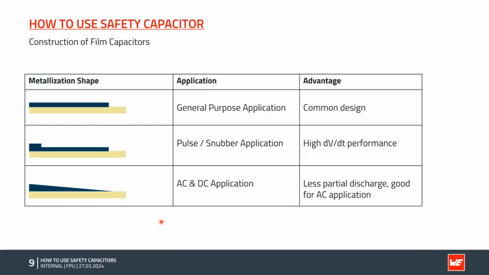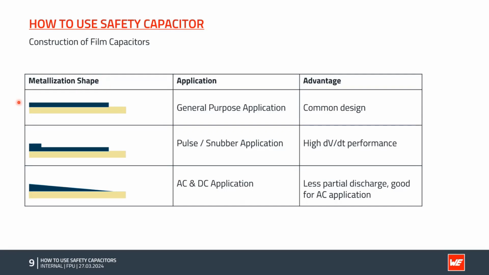Then the last thing for the construction: I already told you that with the choke layer, you connect the pins to the side, but what you see here on this slide is how the film or the metallization looks on this connection where the choke layer comes. So it's called the metallization shape.